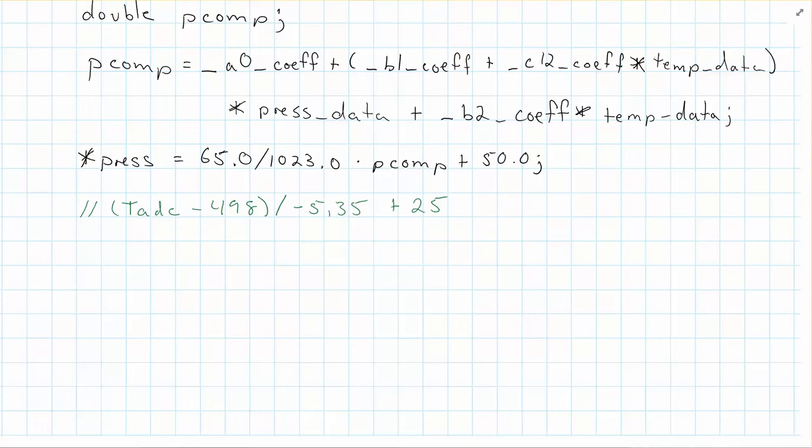It might not give us an accurate temperature. In fact, let's go ahead and erase this right here and change it. Instead of plus 25, let's do plus 35. These are often off by like 10 degrees C, so we'll just go ahead and change it to plus 35.